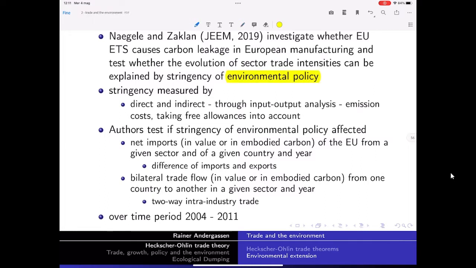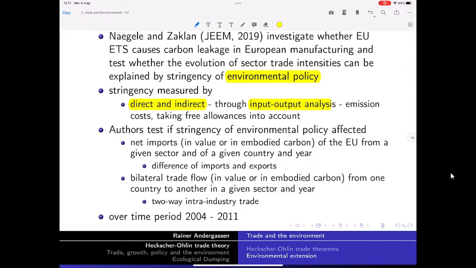The stringency is calculated taking direct and indirect costs of emissions into account. In particular, the indirect costs are calculated through an input-output analysis. So therefore, not only direct costs, but also indirect costs of environmental policies are taken into account here.